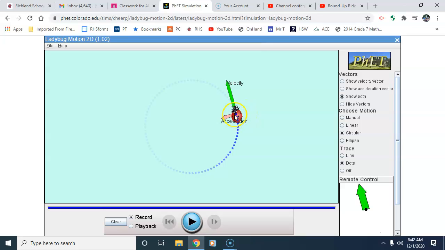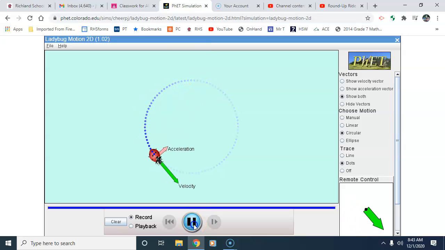So if this ladybug was a car and we were all in it, we might sway towards the outside, which is towards our right, in this case, based on the direction the ladybug is going, to the outside of the turn. And you might think, well, geez, that feels like a force, right? And it sure does, but it's not.